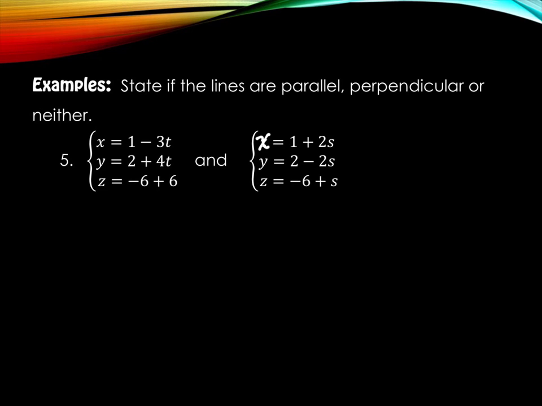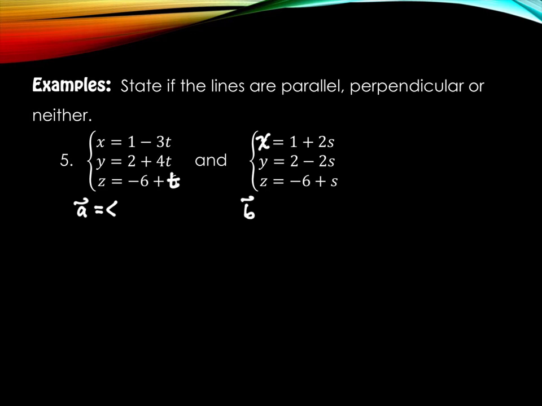All right, so we've got x, y, and z, and we need to find the vectors associated with each one of them. And so we will call them a and b for the vectors. You can call them whatever you want. What is the vector for the line that's given in the first part of question 5? Oh, there's a typo again as well. This 6 at the end is supposed to say t.